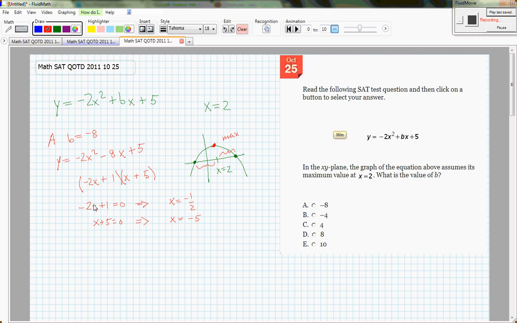Oh, sorry, minus 2x plus 1/2. So this means that the maximum is going to be midway between 1/2 and minus 5. So minus 8 doesn't look like the solution.